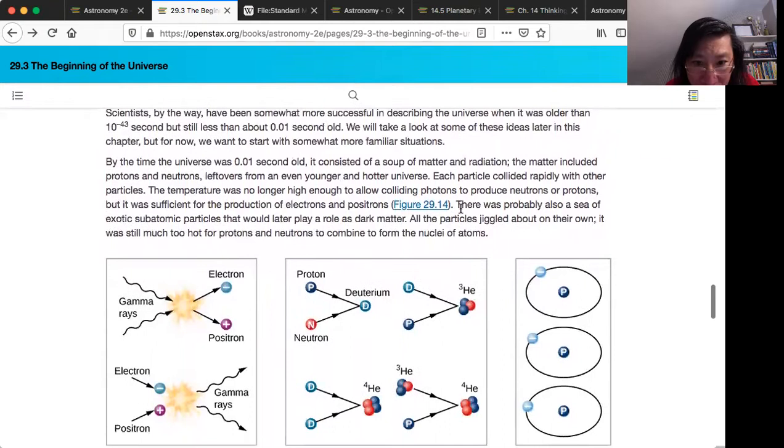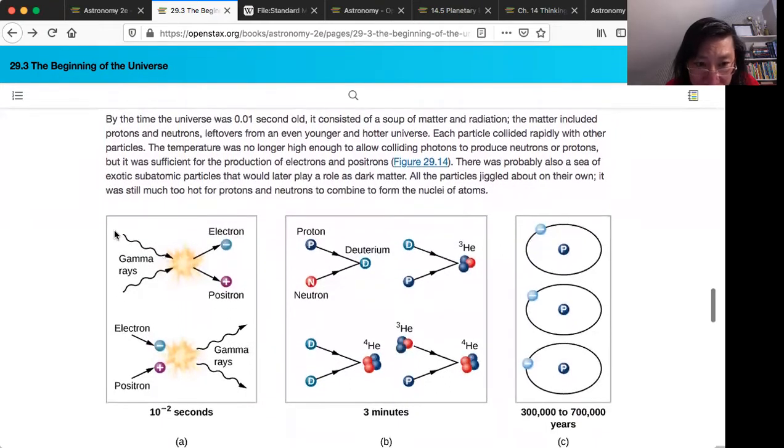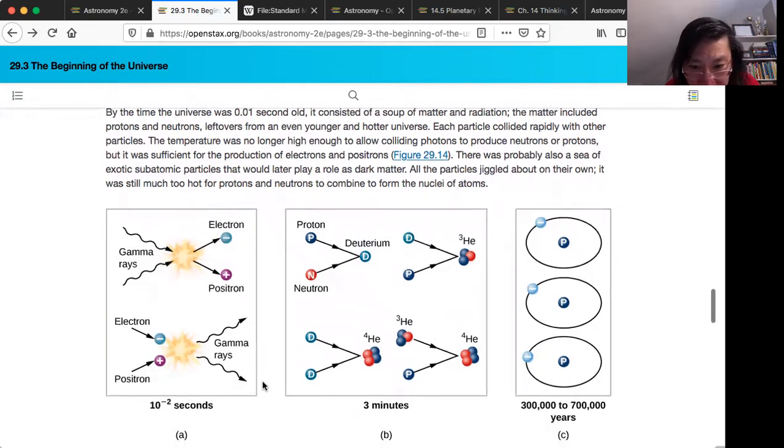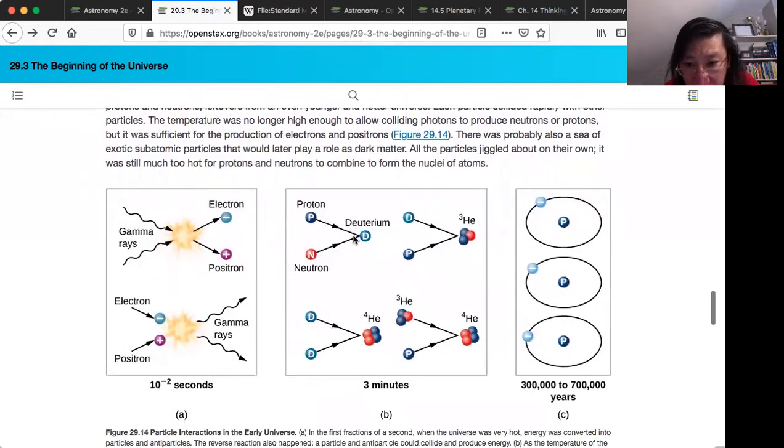And now, here are the different kinds of diagrams showing what's happening, right? At about 100th of a second, you're doing all this antimatter matter creation and destruction, right? As the gamma rays make protons and electrons and positrons, and then the electrons and positrons make gamma rays. But then at the few second mark to the 3-minute mark, these are the things that are happening, right?